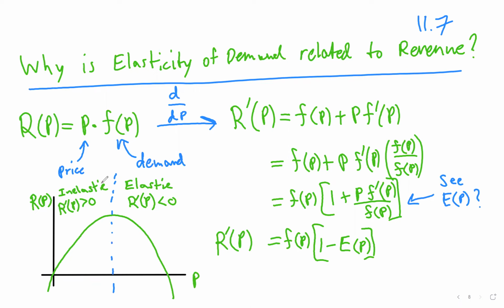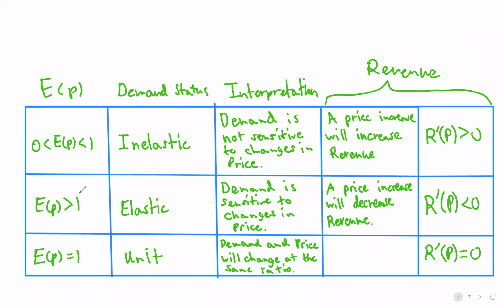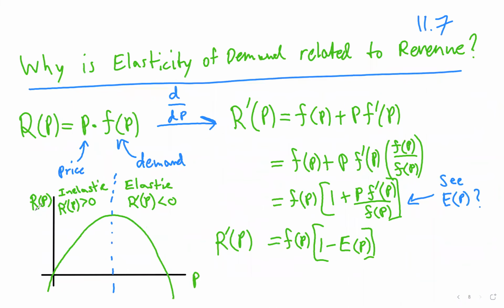So if your E of P was between 0 and 1, like we have in the situation here, then R prime of P would be greater than 0, just like we have here for inelastic demand.